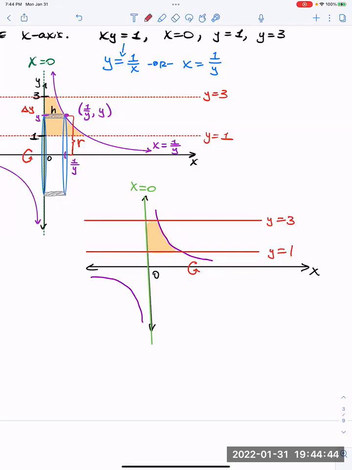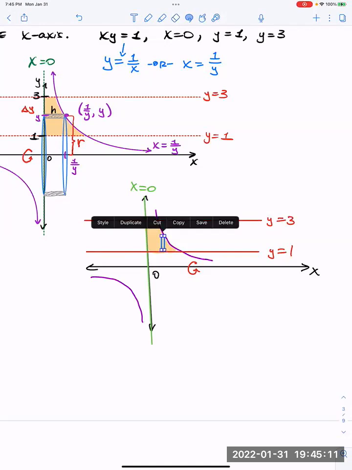So watch what happens. I'll draw an arbitrary partition here like this, right? There's my arbitrary partition. This arbitrary partition is bounded between y equals 3 and y equals 1, that's fine. But when I move over here, I have to take into account that it's not bounded between those two lines.